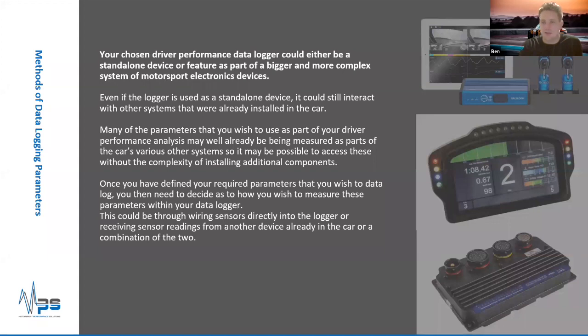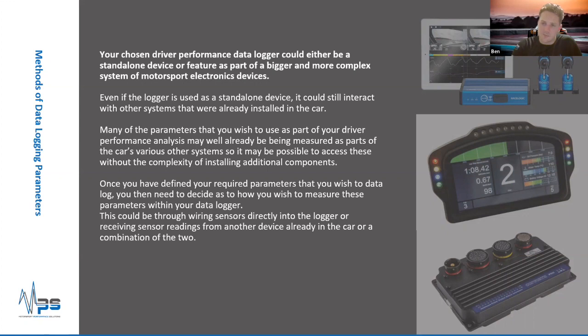Touching on that, the modern race cars are a network of devices, electronic control systems. They've all got multiple purposes. If I highlight the dash display in the middle, that's Cosworth's ICD, which is not only a dash display, it's a CAN hub, and it's also a data logger.